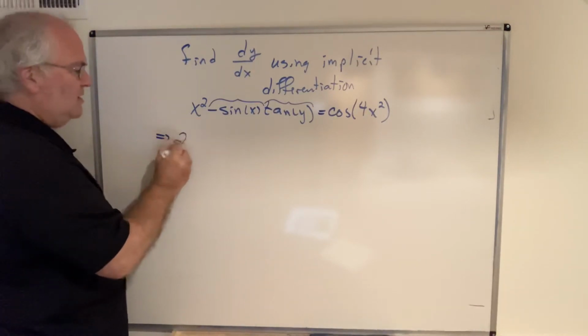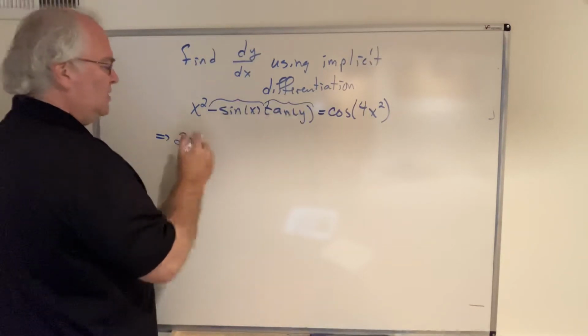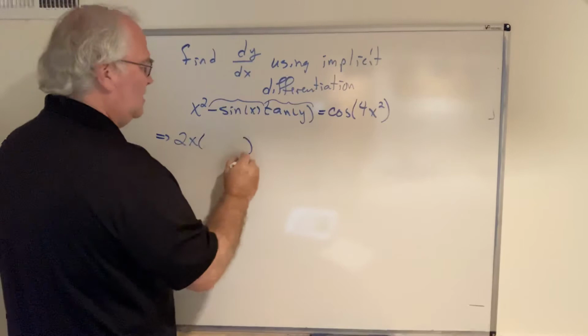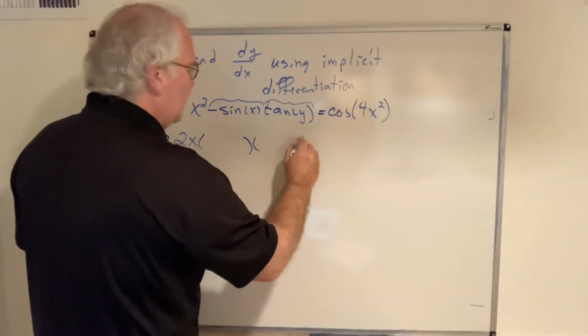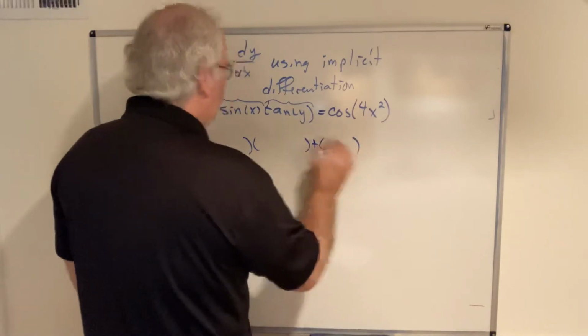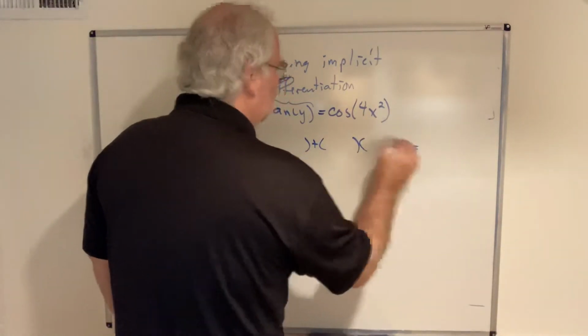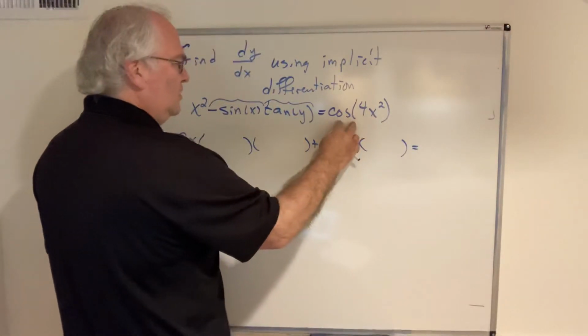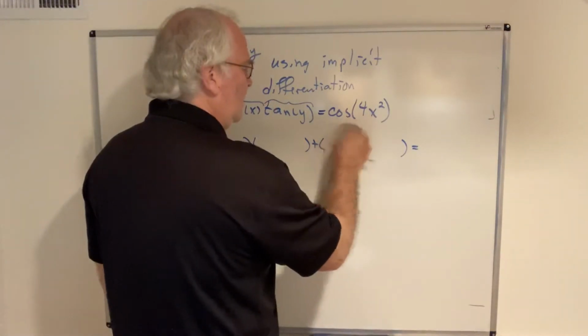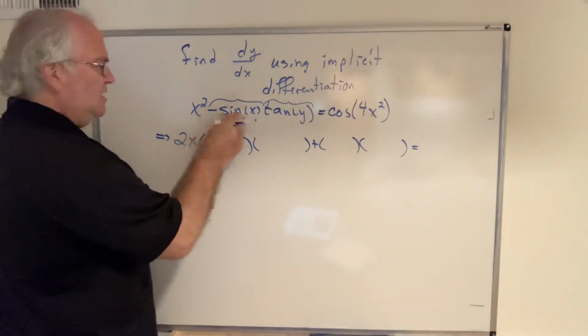So let's see if we can finish this out here. Derivative here is 2x. And then we have product rule. So I'm going to say first times derivative of the second plus the second times the derivative of the first, and that's going to equal the derivative here, and we'll worry about that in just a little bit. So I need first, copy paste.